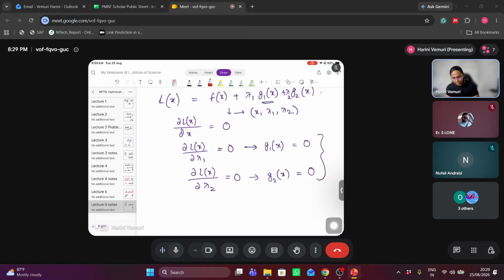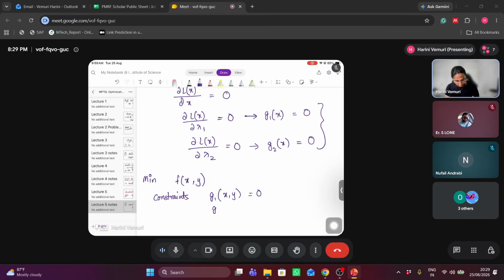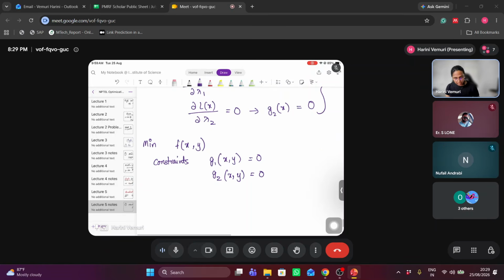Similarly, suppose we have a function in multiple variables, f of x comma y, and we have constraints g1 of x comma y equal to 0 and g2 of x comma y equal to 0. Then what conditions will we have?